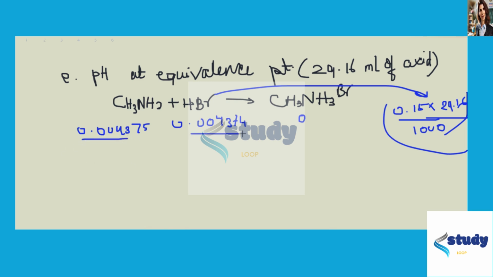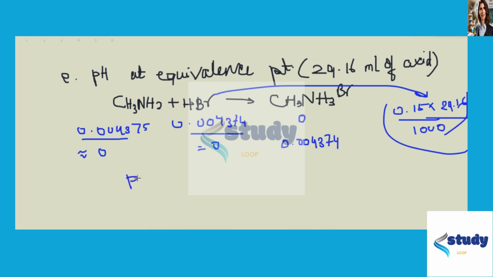This and this value are very close together, right? So the amount of base left over will be close to 0, and the amount of acid left over will be 0. And then here the amount of salt formed will be 0.004374.